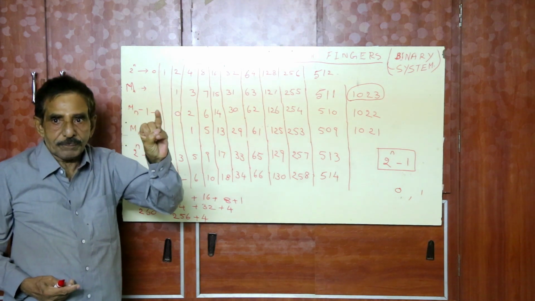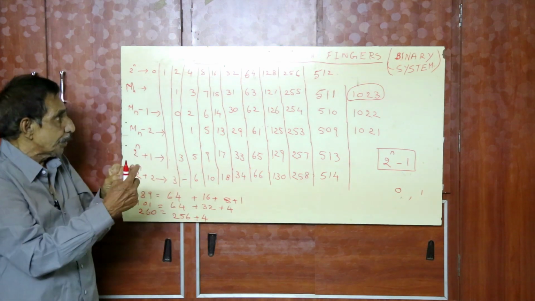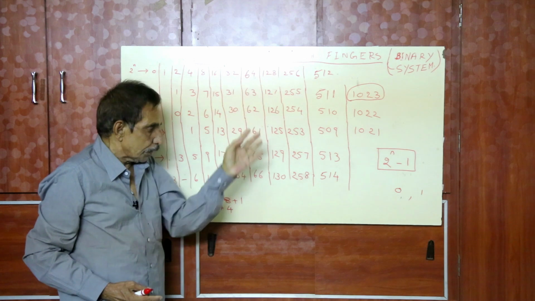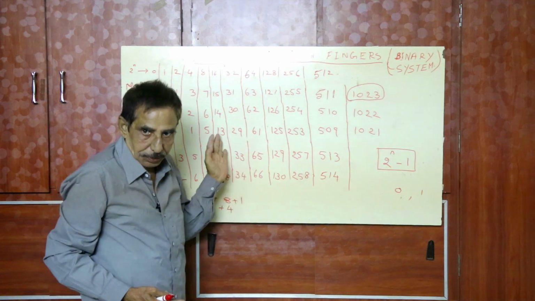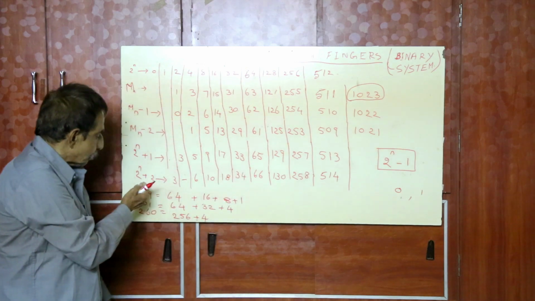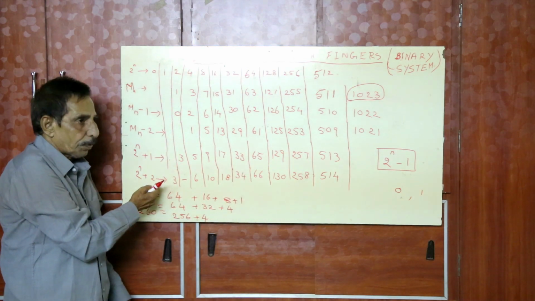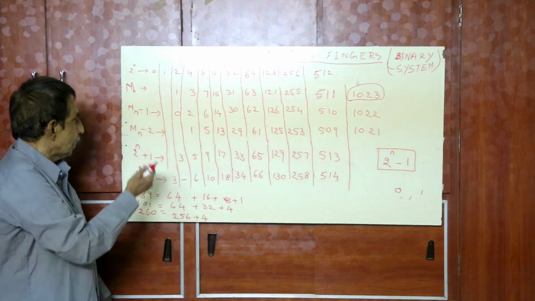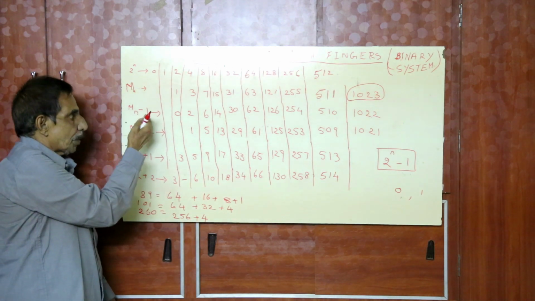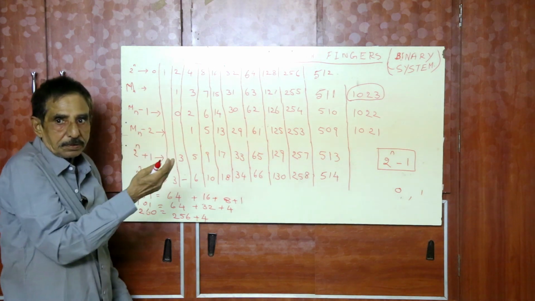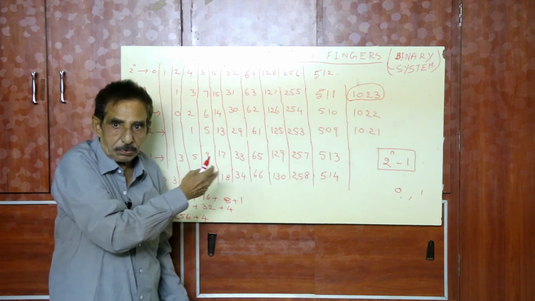If you open this finger extra, 2 is added to this 2 to the power of n numbers like that. You can go on to 2 to the power of n plus 3 numbers, 2 to the power of n plus 4 numbers. You can do this also with Mn minus 1, Mn minus 2 I have taught, Mn minus 3, Mn minus 4 also you can do.